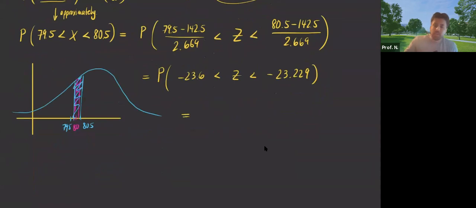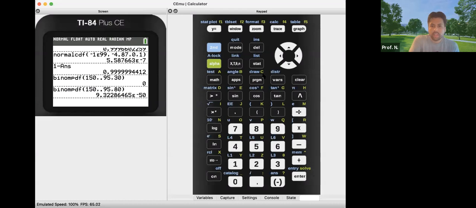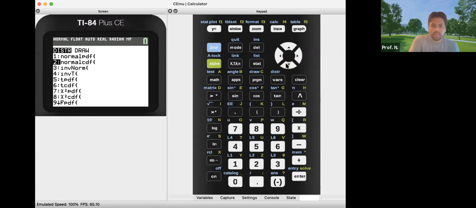Okay, and then we're going to find the probability that my standard normal random variable is between these two values. And it's going to be a really tiny probability. So we go back to the second vars, and I'm going to use normalcdf.